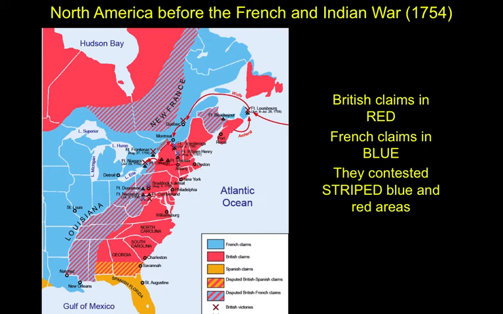Unlike previous wars between the two European superpowers of the 18th century, this war erupted in the colonies and spread back to Europe, signaling the increased importance of the colonies to imperial power. This is also why the other name for the French and Indian War, which lasted from 1754 to 63 in the New World, is known as the Seven Years' War in Europe, where it began only in 1756.